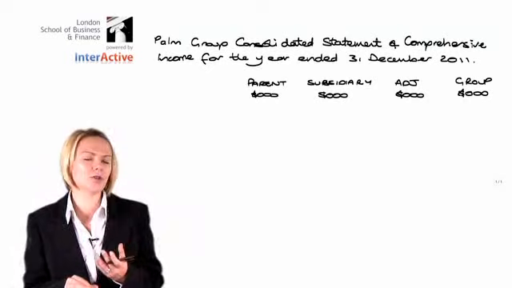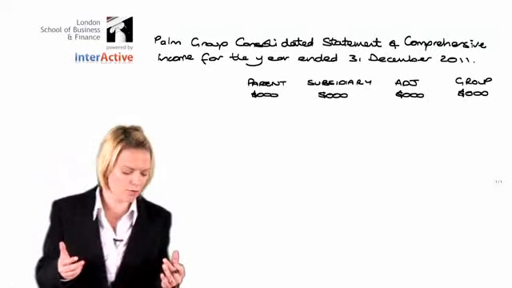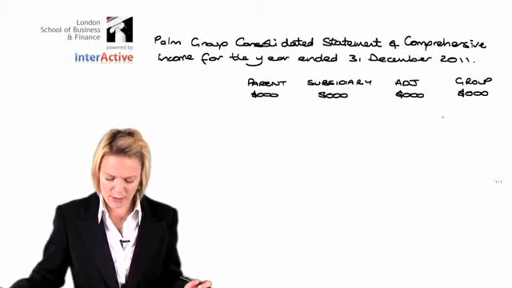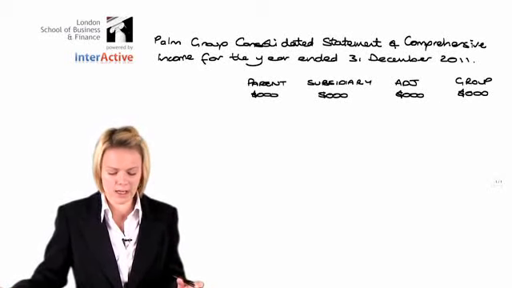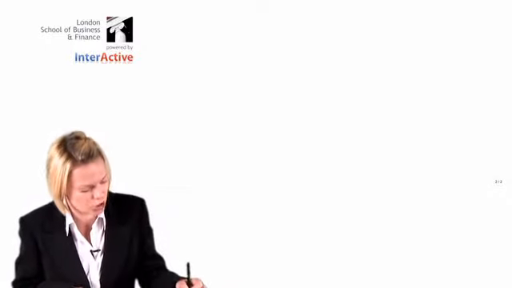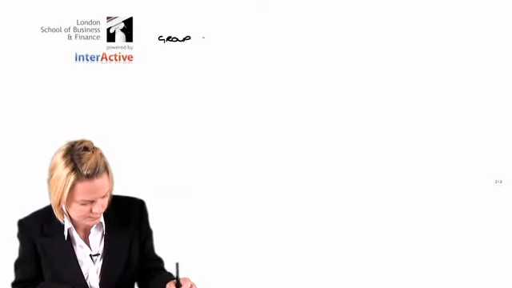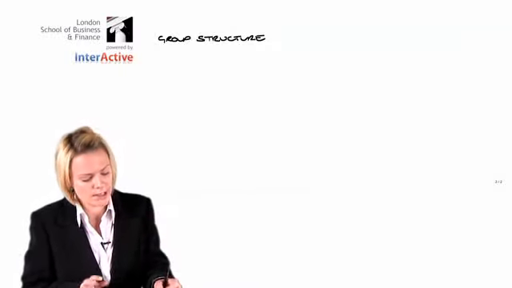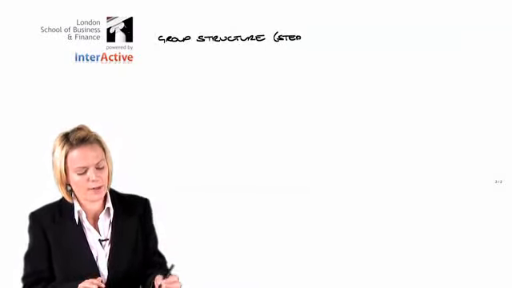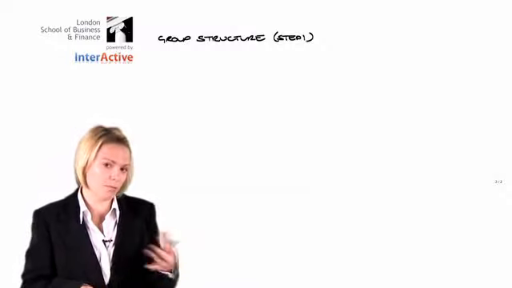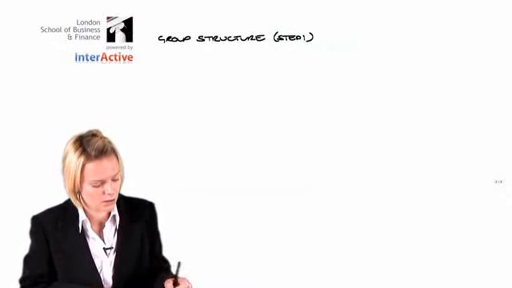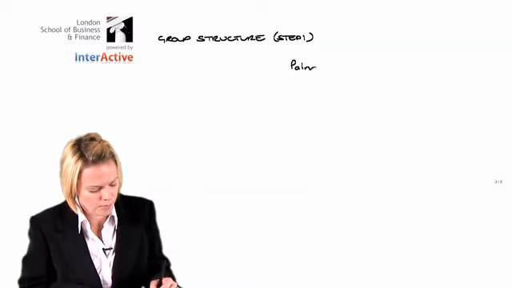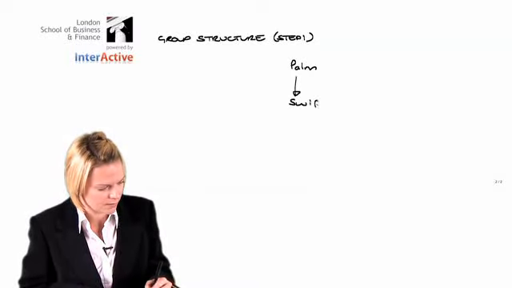We didn't really need to do a group structure, really, did we? It was pretty obvious what the group structure was. But how about we just write it in before we continue on and just make sure we do have a subsidiary and we are right with the mid-year acquisition. So really I would do this first and then do the pro forma. So this would really be step 1 and the pro forma would then be step 2, which we'll finish off in a moment. So we've got Palm, who acquired Swift.